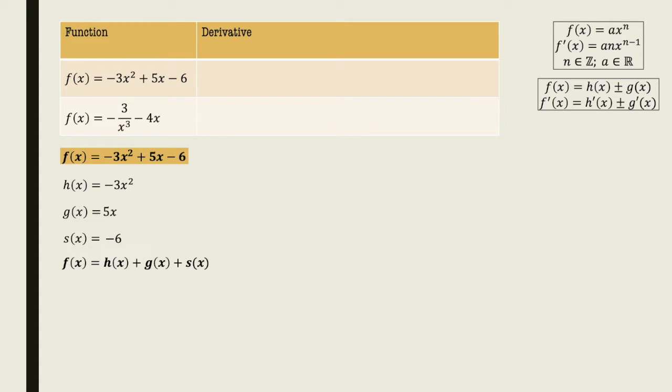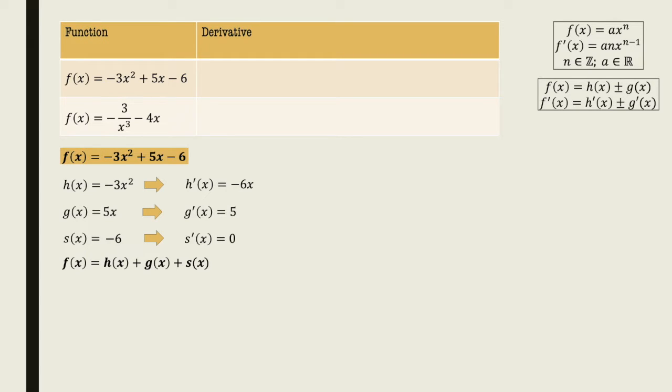We now obtain something that looks nearly identical to the first half of the second rule, though with another component added. Now we must treat each smaller function like h of x or s of x independently and find their respective derivatives using the power rule. For h of x, h prime of x yields negative 6x, g prime of x equals 5, and s prime of x equals, well, nothing, it's 0.